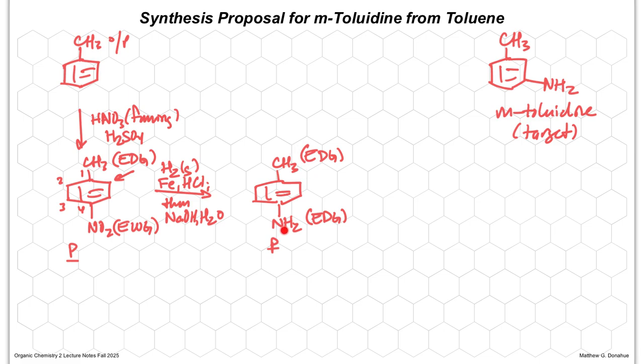The amino, since it's directing through resonance, is going to direct there. So that's going to win, even though we have these conflicting positions to direct to. So we need a nitrogen now at that position. The way we know how to get nitrogen onto the ring is through nitration, so we'll repeat those conditions.